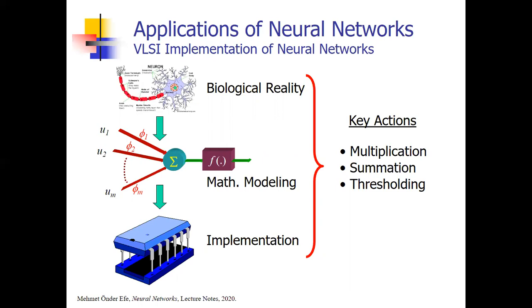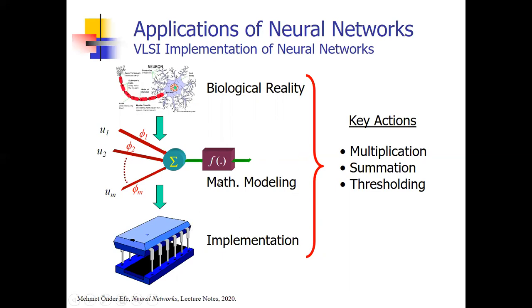Very recently, one of my friends from Top University designed a superconductor-based neural network structure. So it is possible to obtain electronic hardware and pack them to obtain chips, okay?